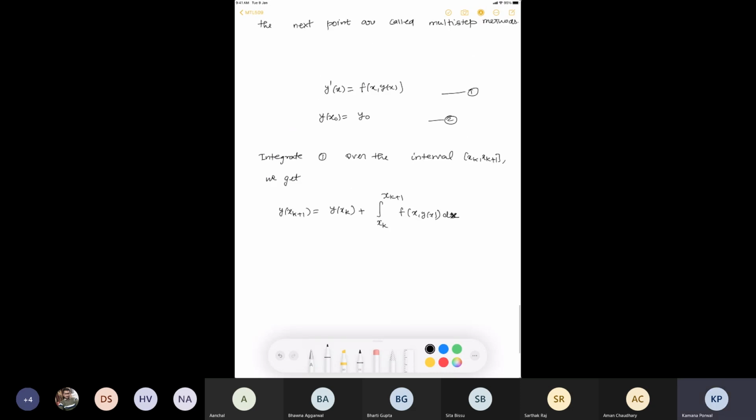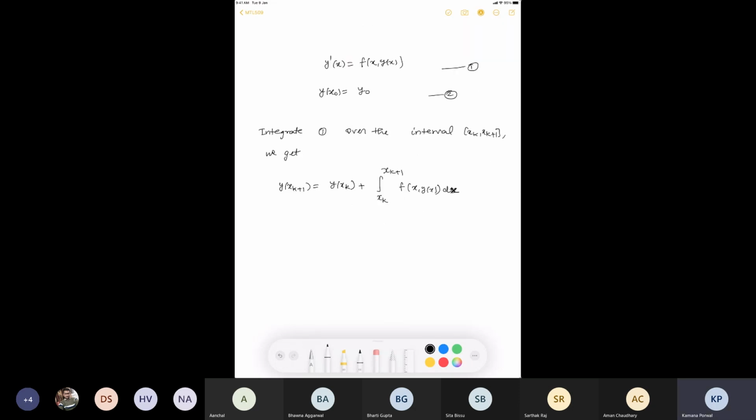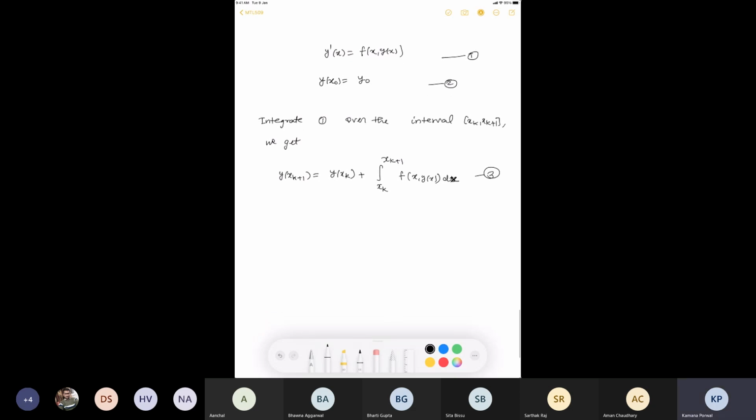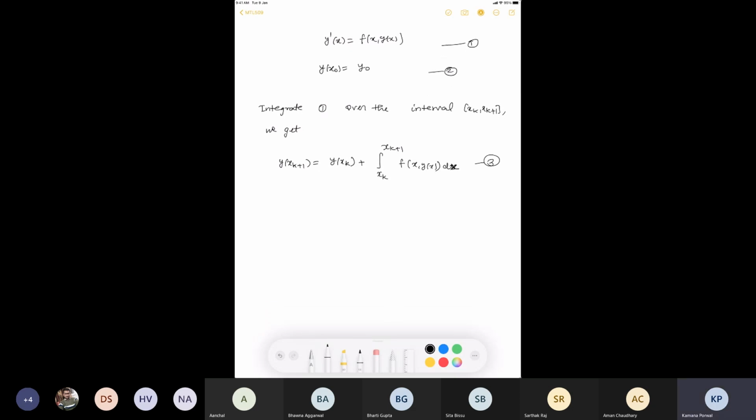I simply integrated equation 1 from xk to xk plus 1. Let's call it 3. Note that y is also a function of x, and f depends on x and y both, so this is completely going to be a function of x itself. Let me call this g(x).